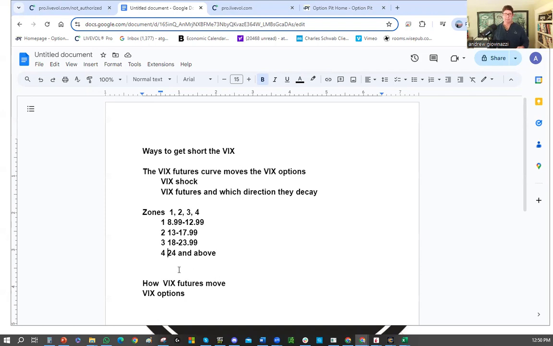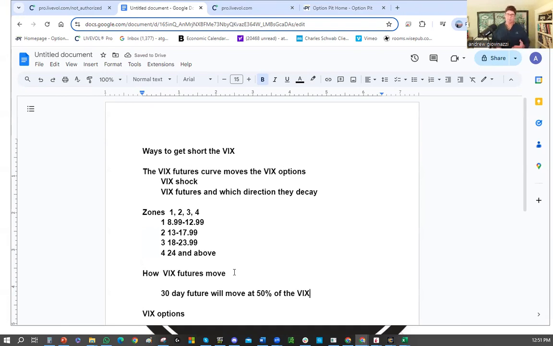Basically, VIX futures are going to move at some discounted rate. Generally, a 30-day future will move at a 50 delta, or 50% of the VIX cash move. As you go in, they'll move a little quicker.